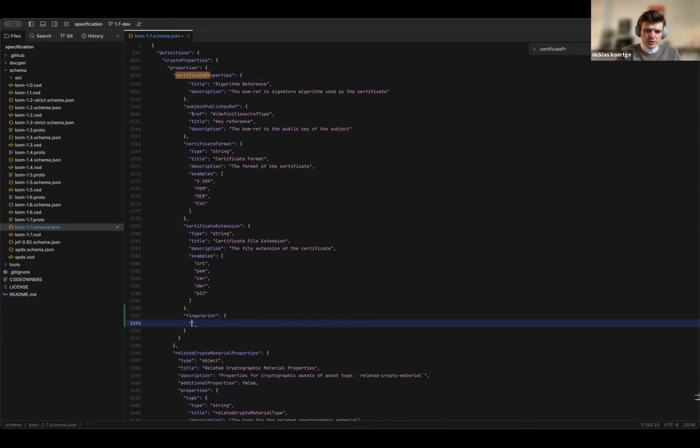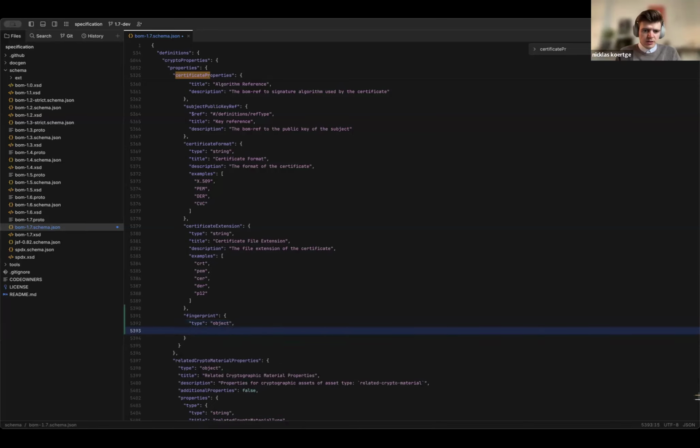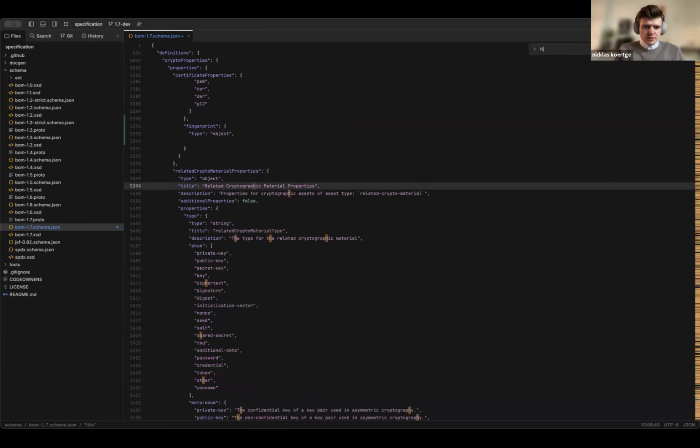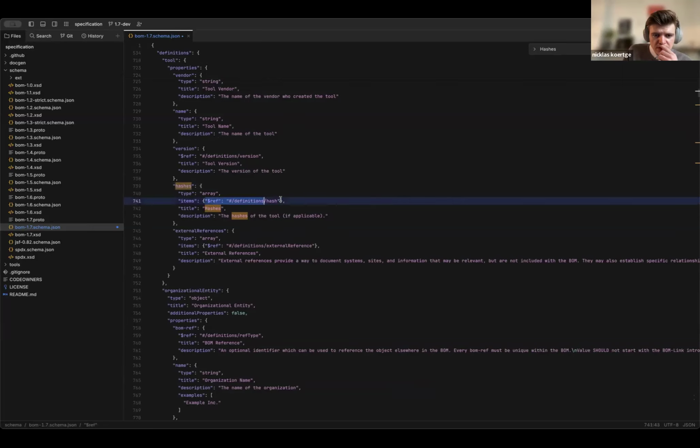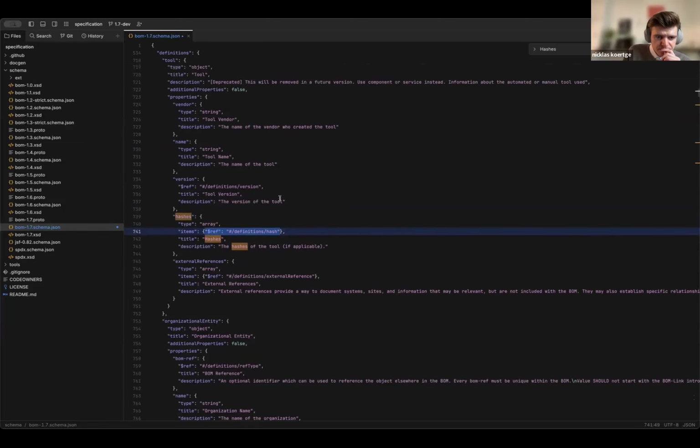The type in this case is an object, and then we have this as a reference, so we take the definition of hash as a reference for the item.